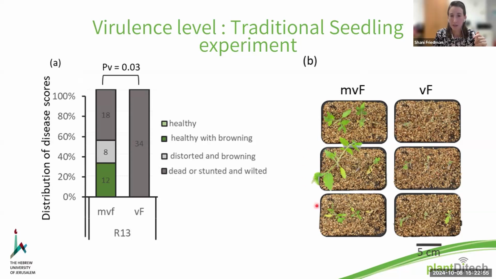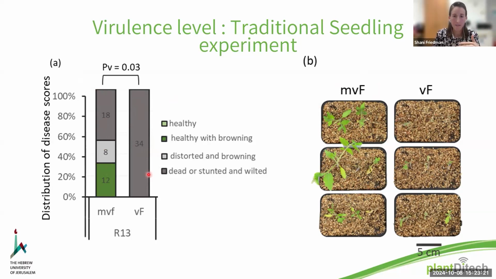The inoculated plants with MVF, with the other strain, showed also wilting, some disordered, and some look healthy but do have browning in the vessels that indicate the Fusarium growth inside. This test worked well, and this is a graph representing the different groups. But from my experience, it is hard to decide sometimes what group a plant is in and to find the browning in the tiny vessels.